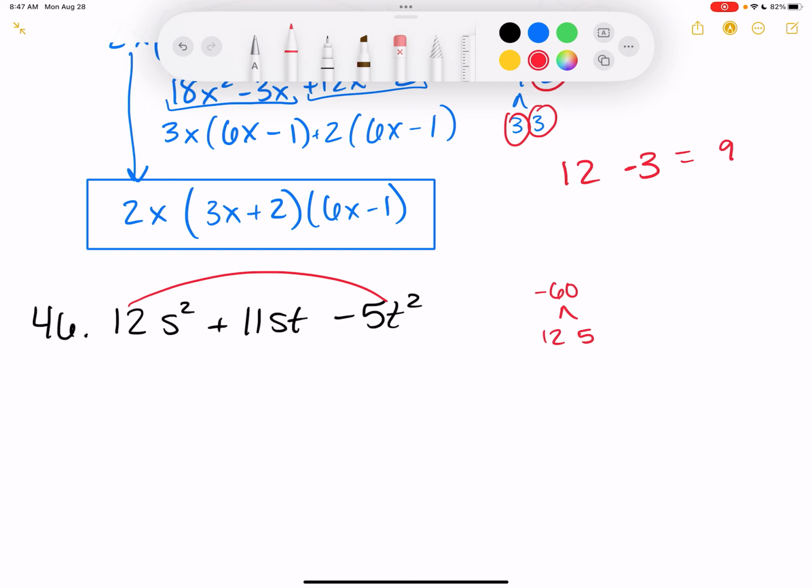Yep, 4 and 15 will work. Again, I need this to be positive. So that means that my bigger number needs to be positive, so the 4 is going to be negative.